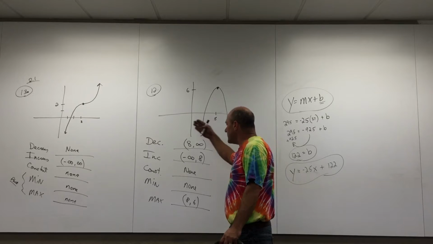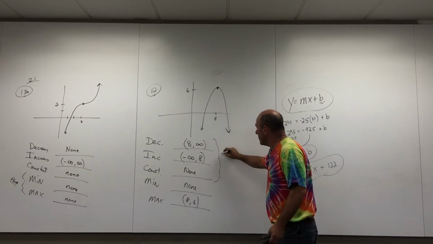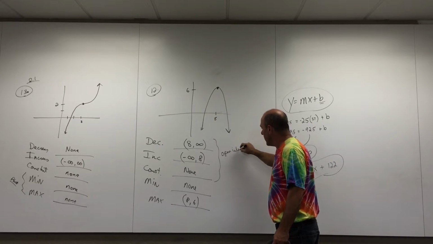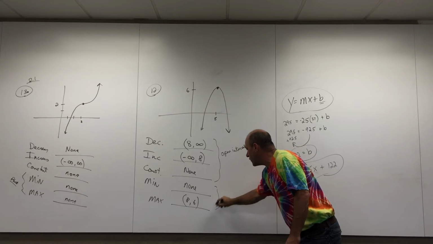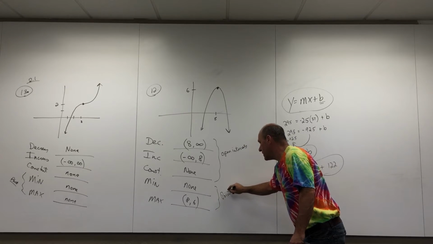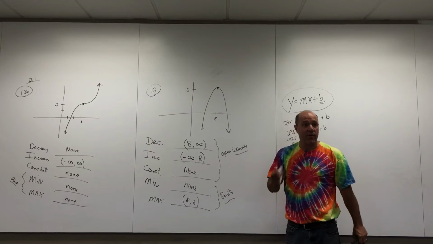So when is it decreasing, increasing, or constant? The answers to those are open intervals. And when is it a min or a max? The answers to those are points. And intervals are not points. Intervals are not points.